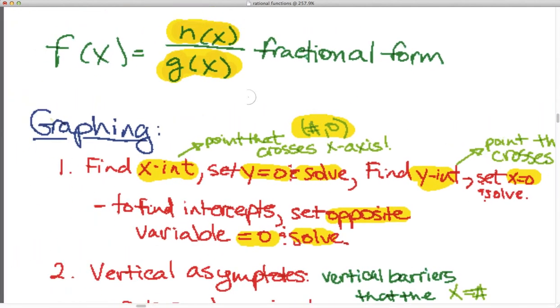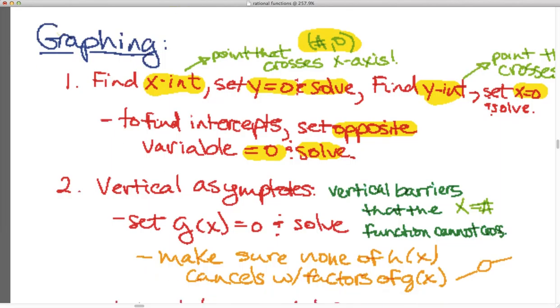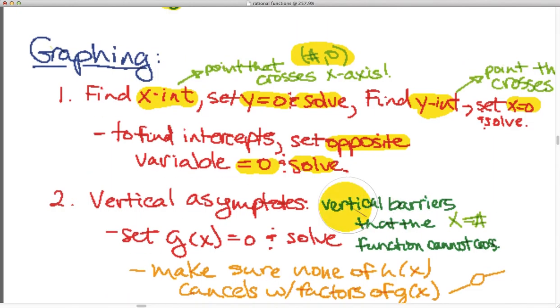All right, and after you find your intercepts, you should go about finding vertical asymptotes. Vertical asymptotes are going to be your vertical barriers that the function cannot cross no matter what. Okay. Now you'll find for horizontal that's not always the case, but for vertical you cannot cross. Okay. And the way we find them is we set that denominator g of x equal to 0 and we solve.